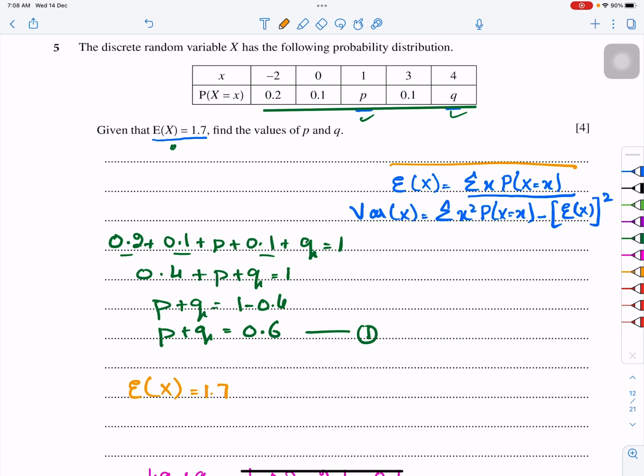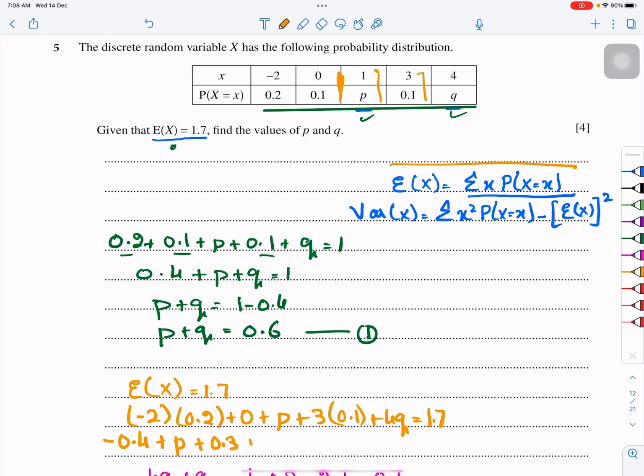So now I will do minus 2 times 0.2, plus 0 multiplied by this will be 0, so I'm just writing 0, plus 1 multiplied by p is p, plus 3 multiplied by 0.1, plus 4q, and what is this equal to? 1.7. So let's simplify this. It will be minus 0.4 plus p plus 0.3 plus 4q equals 1.7.